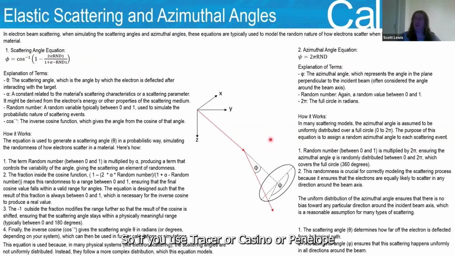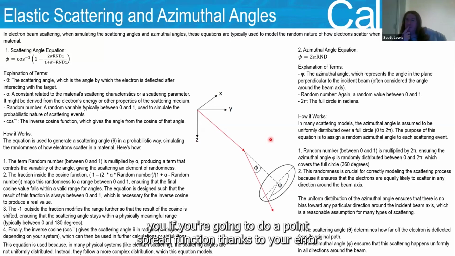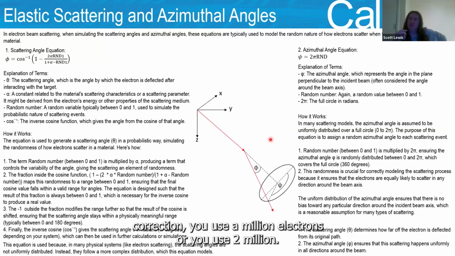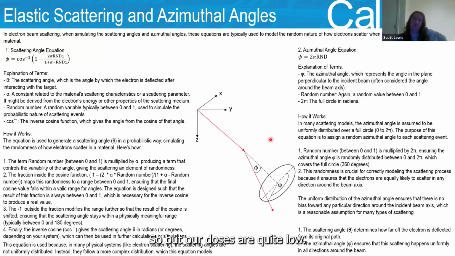So if you use Tracer or Casino or Penelope or any others, there probably are others, if you're going to do a point spread function to do your error correction, you use 1,000,000 electrons or you use 2,000,000. So, but our doses are quite low. So why do we use 1,000,000 electrons?